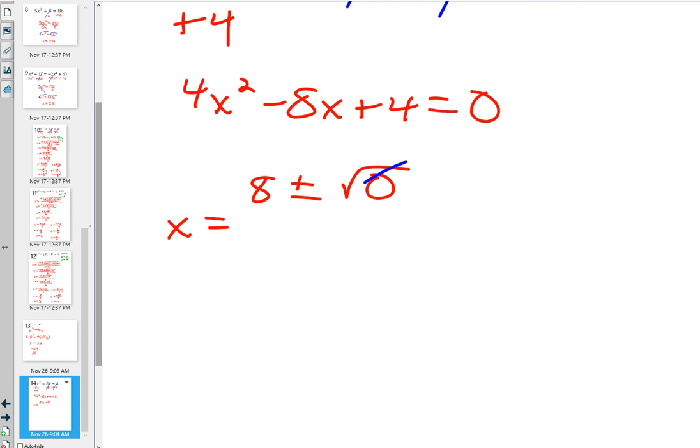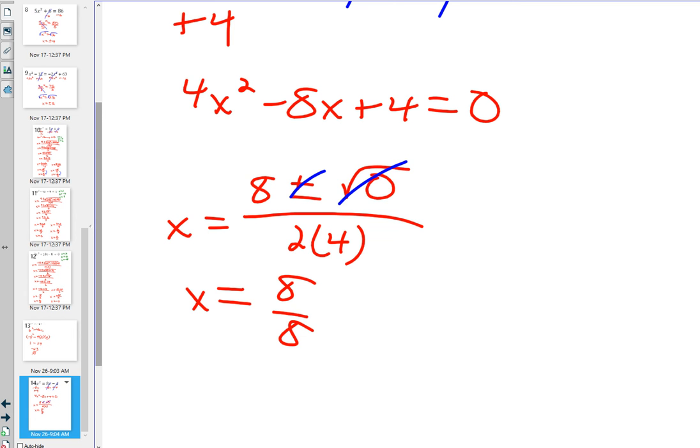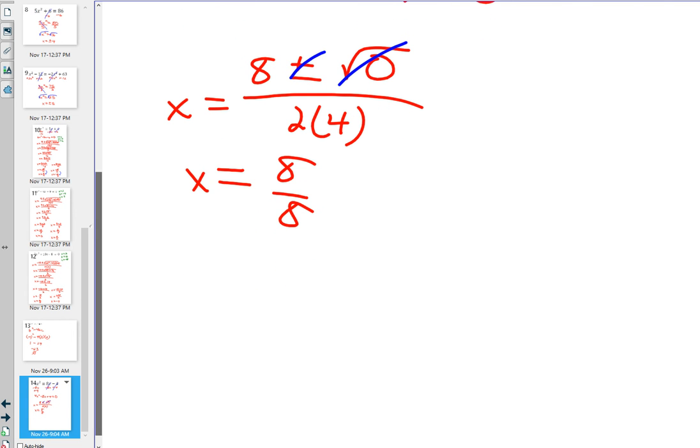And the square root of 0 is 0. So that actually knocks out the square root and the plus or minus. So all I'm left with is that negative b over 2a. 8 over 8. So what would the given solution have been?